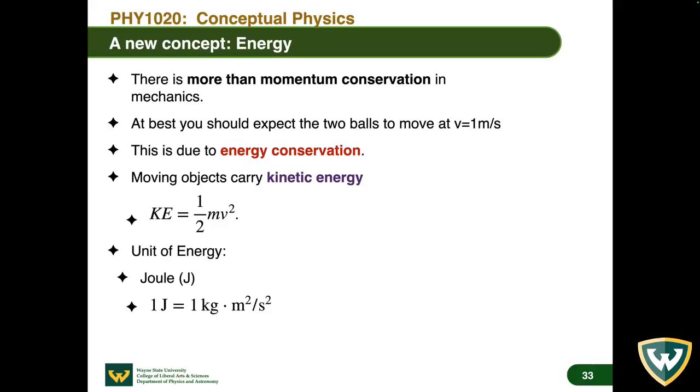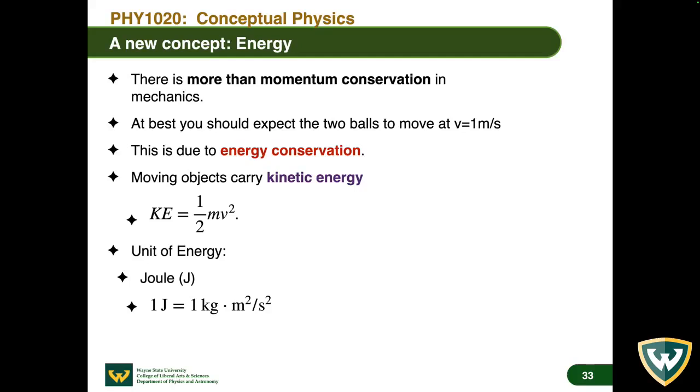The units of energy are the joule. Energy is such a central concept, such a critical concept in physics, as well as in other branches of science like chemistry, that it has been given its own unit, and it's called the joule.